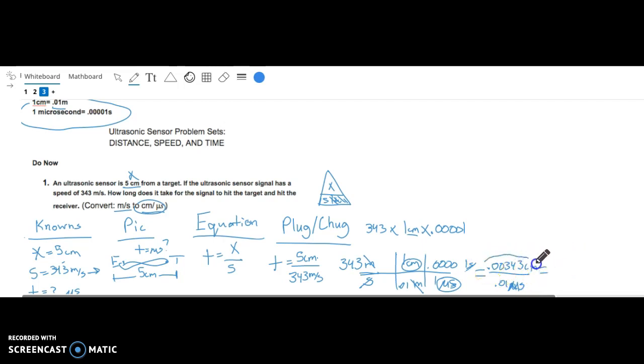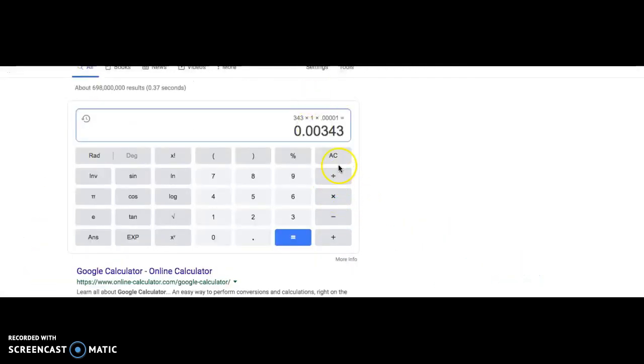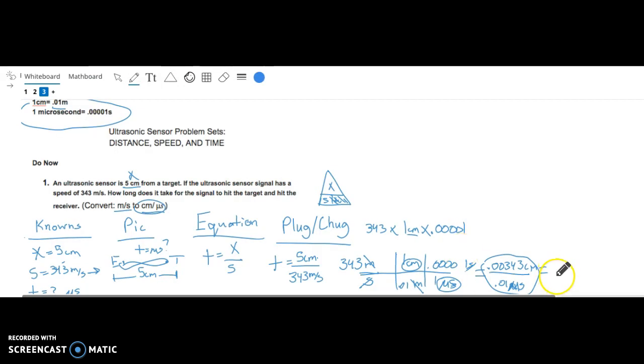So now the last part you have to divide. It's going to be 0.00343 divided by 0.01. That's 0.343 centimeters per microsecond. So this is our new speed. So we're going to take this speed here.